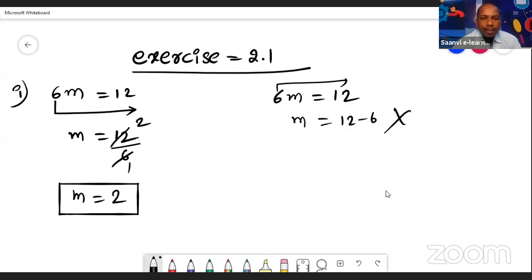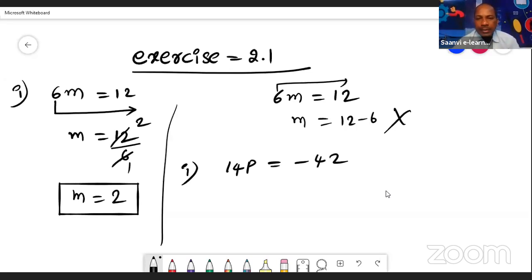In the same way, now see the second question. The second question is given: 14p is equal to minus 42. This is also the same. 14p is nothing but 14 into p. 14 is multiplying here, right? So when this 14 is sent this side, it will divide. So p is equal to minus 42 by 14.